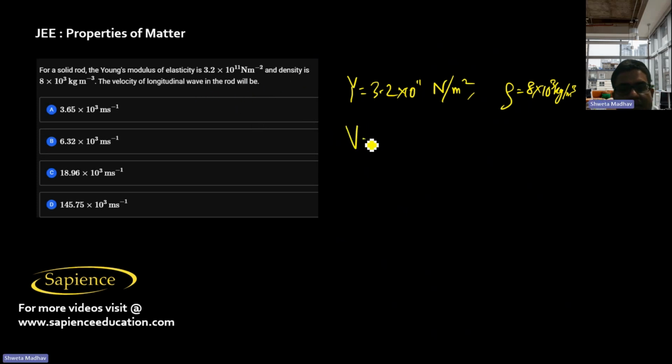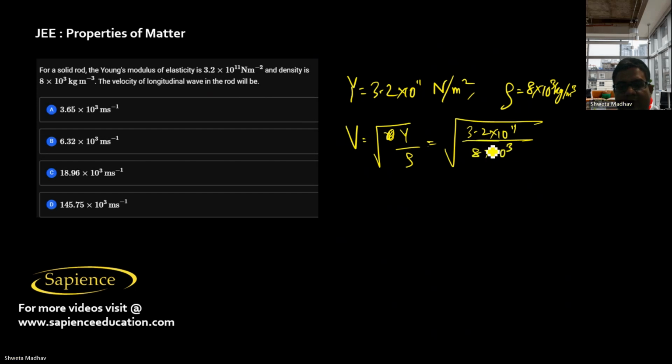The velocity of the longitudinal wave is given as root over Y by rho, which is root over 3.2 into 10 power 11 divided by 8 into 10 power 3 meter per second.